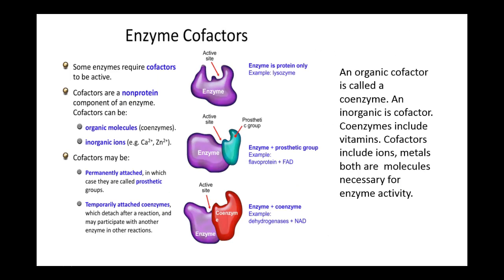A couple more concepts about enzymes to understand, and then we're finishing up this chapter. There are cofactors that assist enzymes, and cofactors are generally inorganic. We can think of vitamins, minerals, ions, such as iron and zinc.